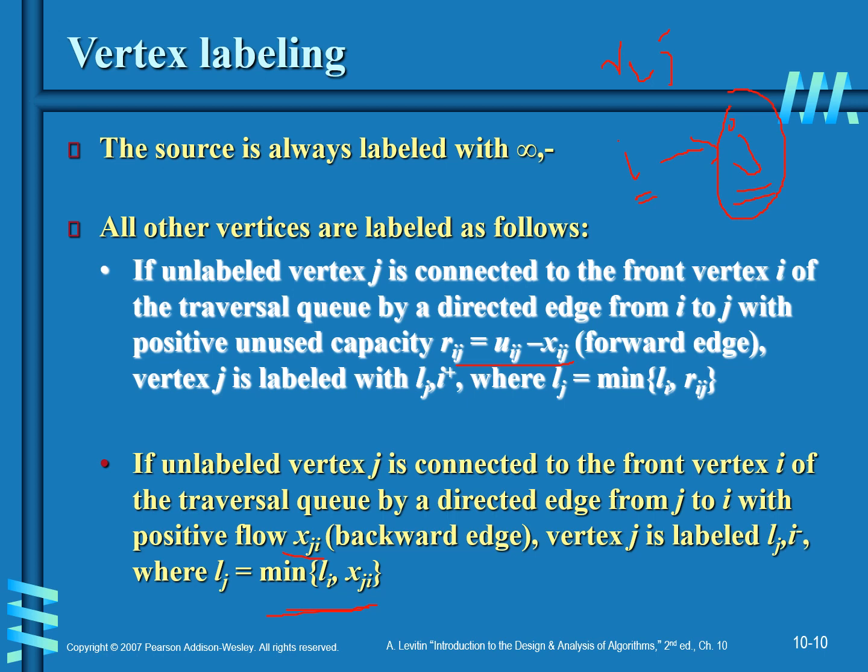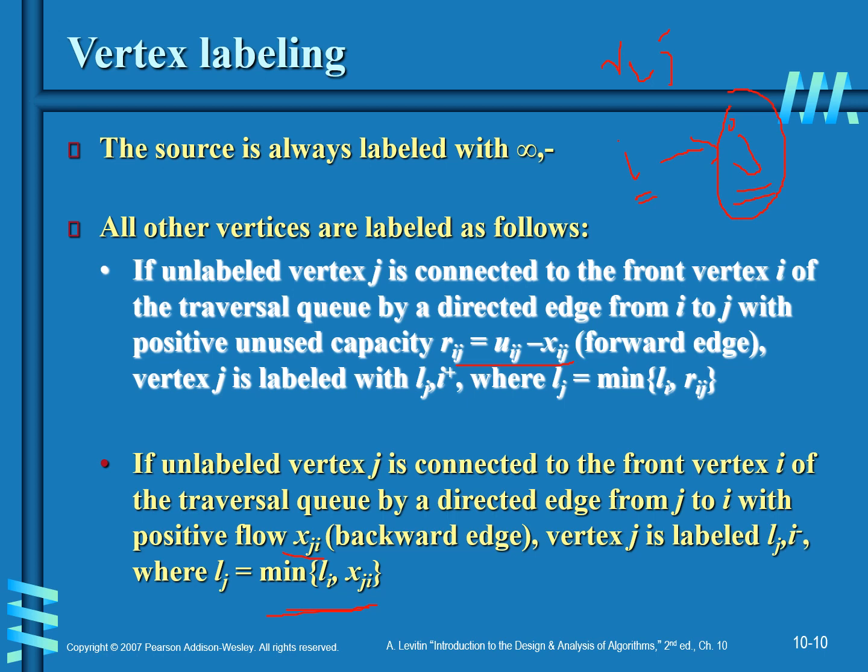The source is always labeled with infinity comma minus. For the forward edge, you find the residual capacity, capacity minus current flow, then label with the minimum of Rij or Li, in the form Lj comma i plus, where i is the vertex from which the vertex is reached, and plus since it is a forward edge.